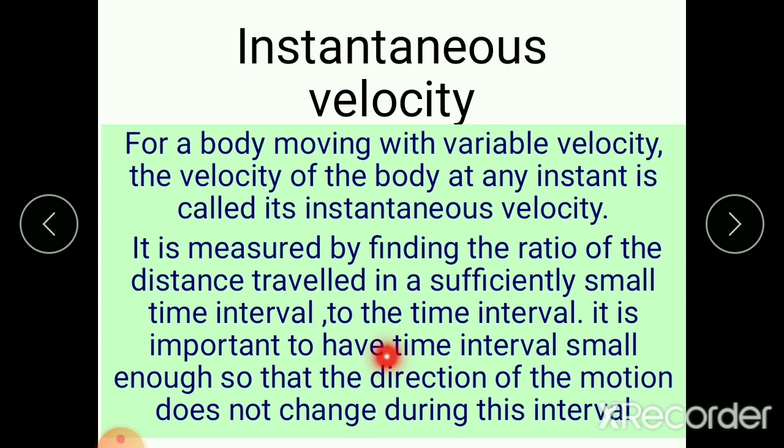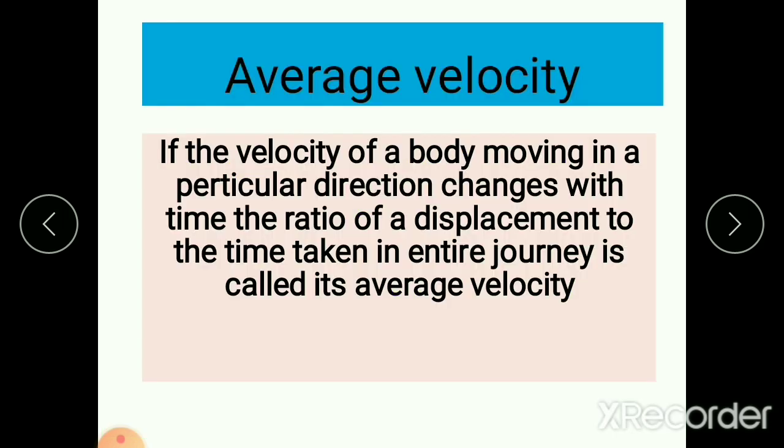It is important to have the time interval small enough so that the direction of the motion does not change during this interval. So you have to take a small time interval because the direction will not change in that time.